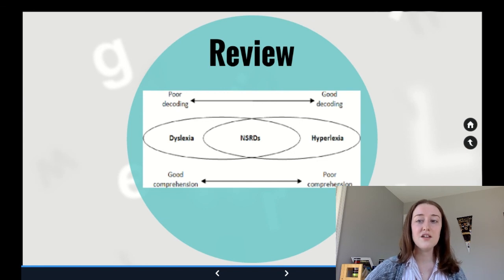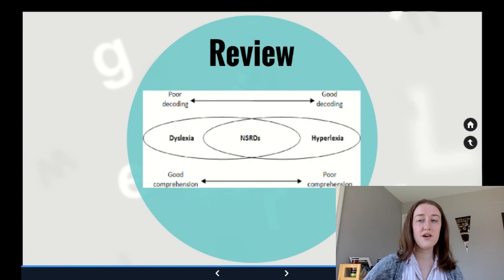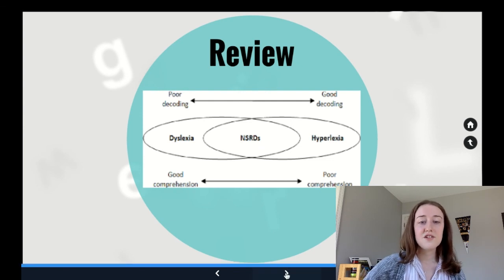But unfortunately, there actually isn't as much research that's been conducted on the prevalence of hyperlexia. So the prevalence within the US is unknown, but there has been some more research about the percentages within the autism spectrum, and so there are some estimates that way at least, which is good. But yeah, just wanted to let you guys know about that.